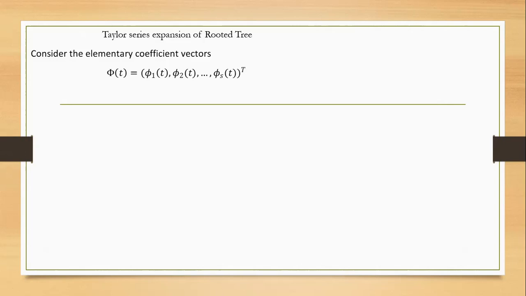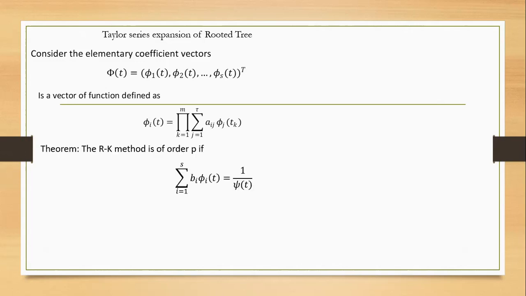That is defined in this manner. Then it can also be defined in this way, where a_ij and epsilon_j of t_k. Then this is now defined as this.